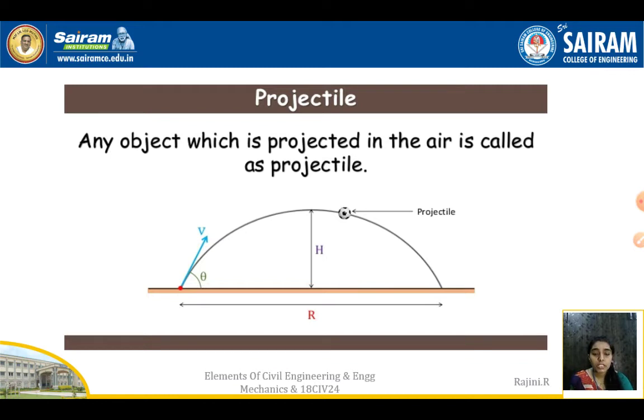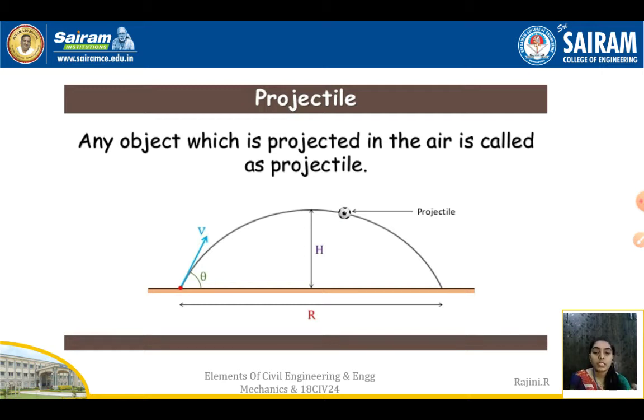Here I have taken one path, where I'm mentioning v, that is velocity. The angle is theta, and the height of the curved path is h, the maximum point, which I am going to explain in the next slide, that is how the vertical distance is marked.